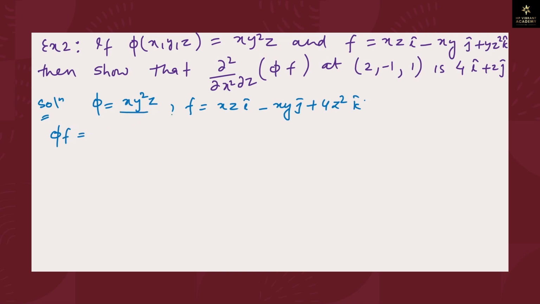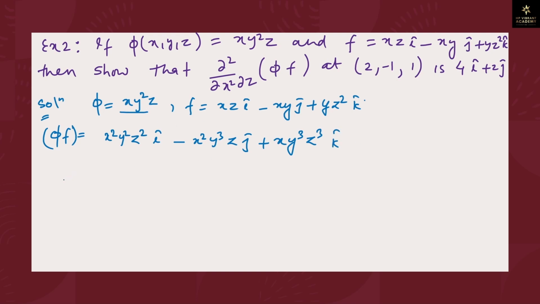So multiply phi with xz, xy and yz square. We have phi f as x square y square z square i cap minus x square y cube z j cap plus x y cube z cube k cap.